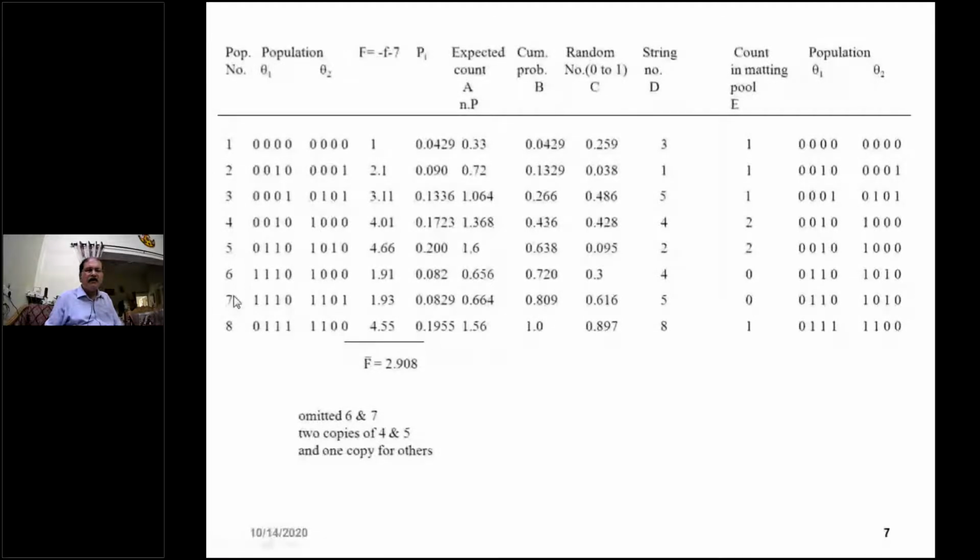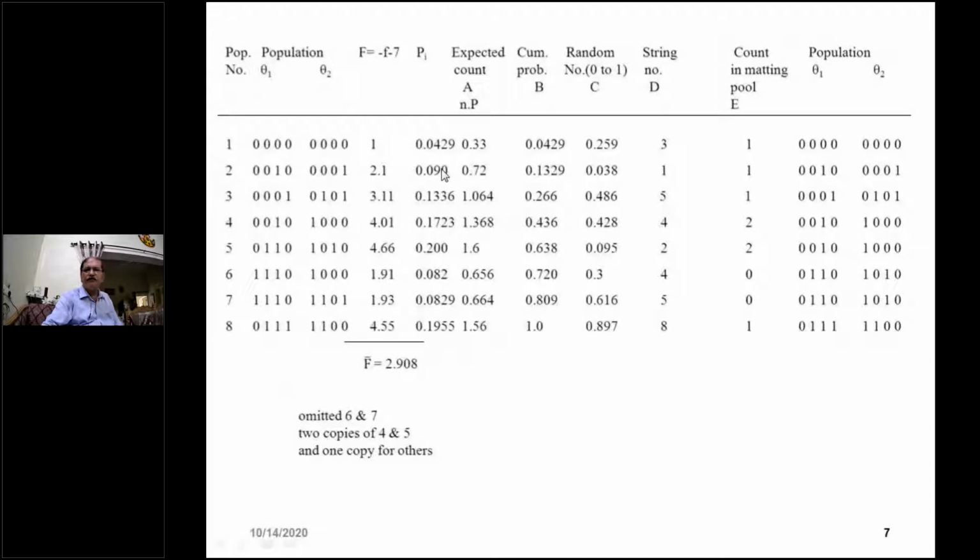These strings are omitted, and 2 copies of string 4 and 5 have been taken, and 1 copy for the others. And 6 and 7 have worse solutions. They are removed from there, and when you go to the next generation, the population size of 8 is to be maintained.